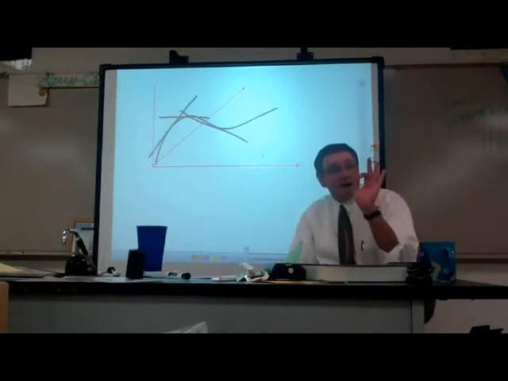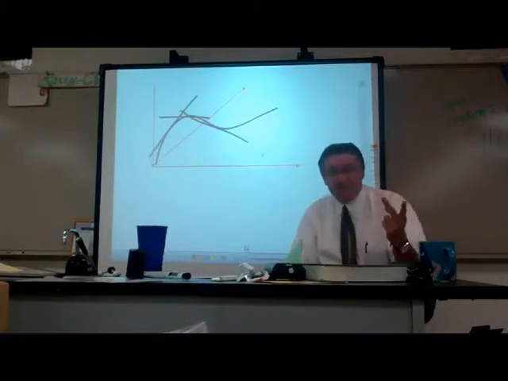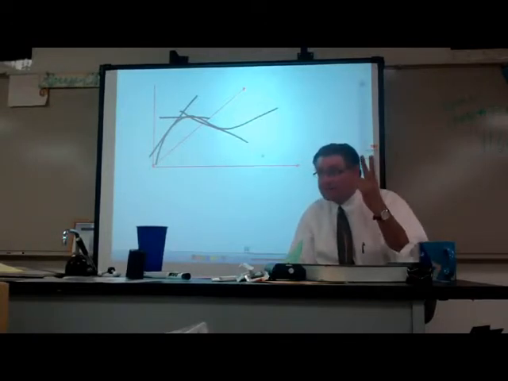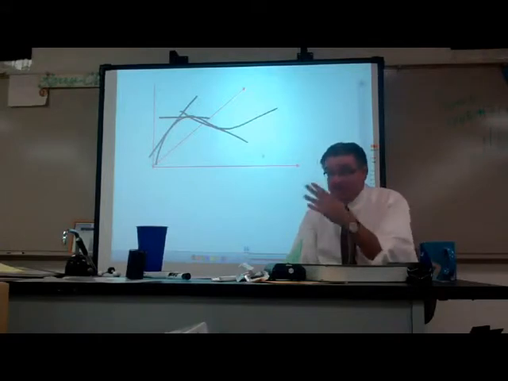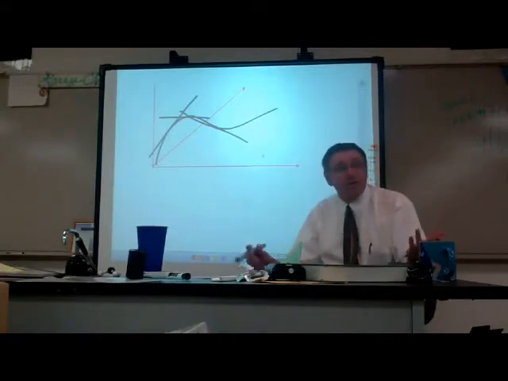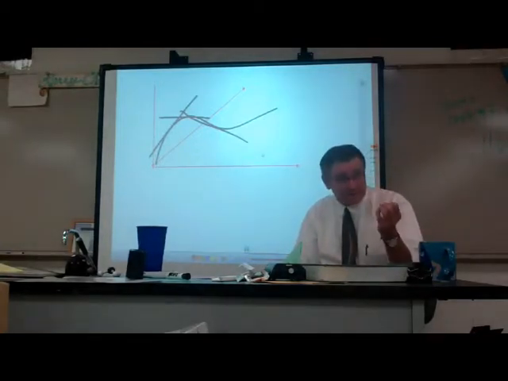The only time you draw tangent lines is under two conditions. Number one, when you're asked to find an instantaneous velocity and when the velocity is continuously changing. Because if it's a straight sloping line, it doesn't do any good. You just find the slope of the line. So you only draw tangent lines under very specific instances.